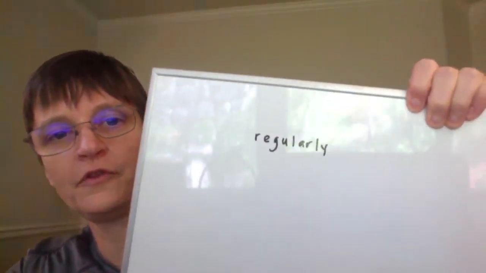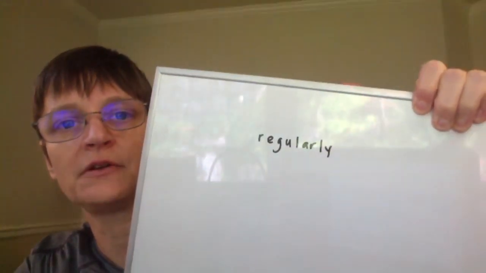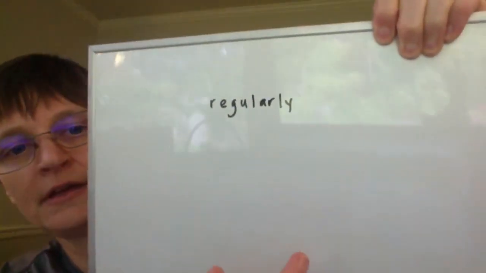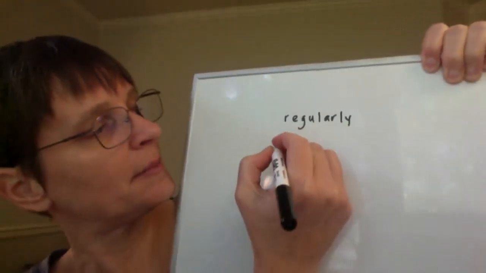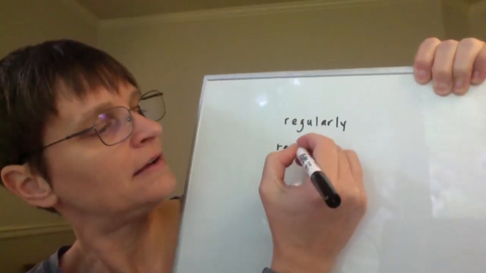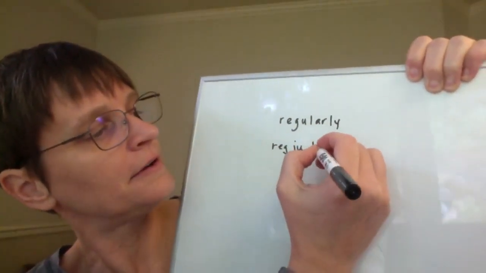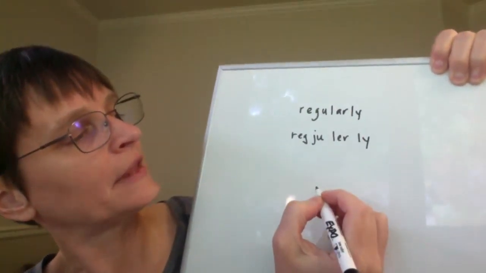Okay, so first of all, for the word regularly, I'm gonna just make sure that you can see that correctly. For the word regularly, I wanna break it down into the syllables. So I'm gonna think about it as regularly.